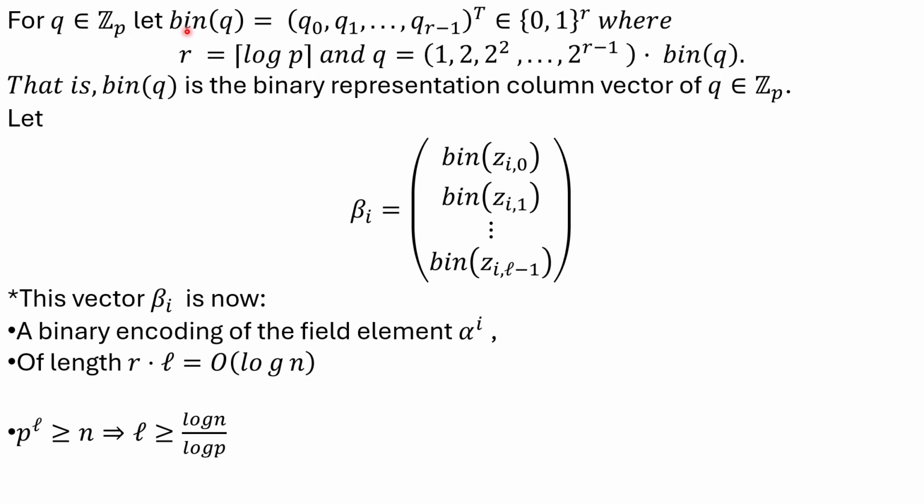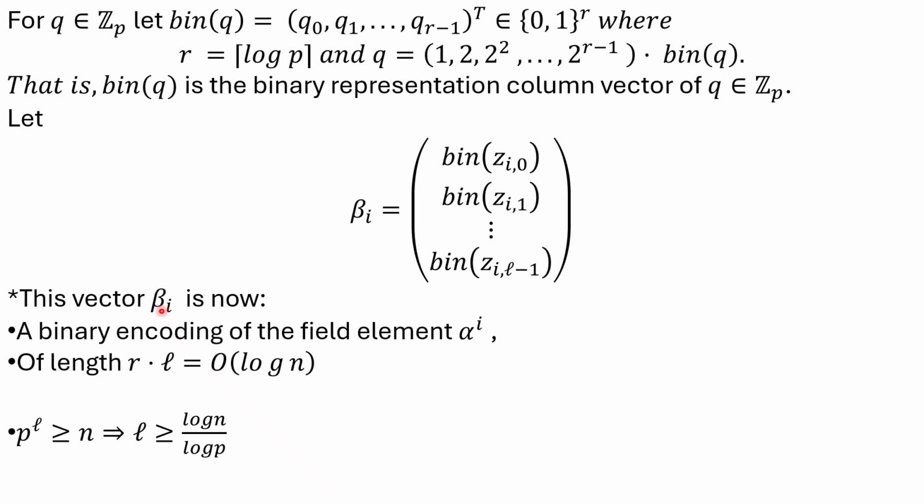For q, let bin(q) be the binary representation of q, where R is equal to log p, and q has entries 1, 2, 2 to the power of 2, until 2 to the power of R minus 1 multiplied by bin(q), which is going to help us write q in the binary representation. And we define beta i, a vector that is the binary representation of each z_i we saw: z_i0, z_i1 to z_i,L-1.